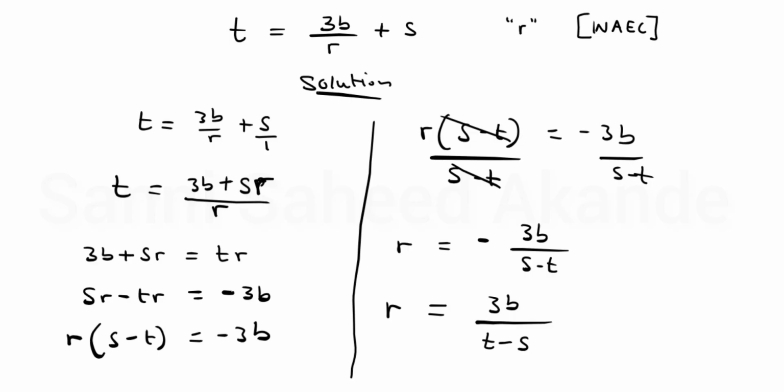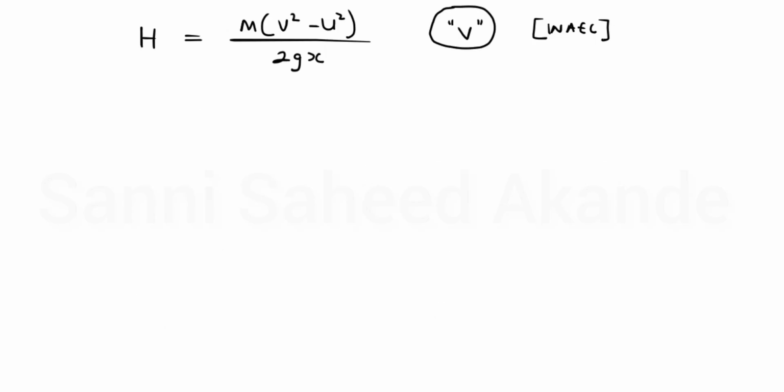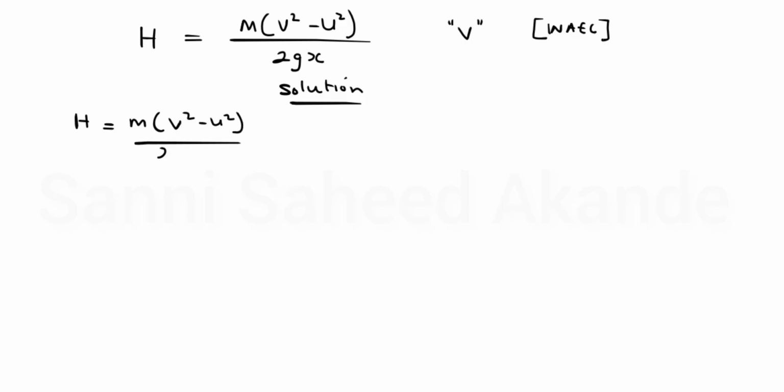We have this question again. I want to make v the subject of the formula. All right, so solution: this is also a WAEC question. Then we have h is equal to m open bracket v squared minus u squared divided by 2gh.